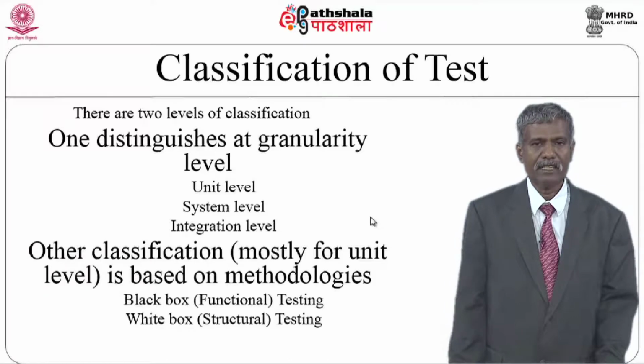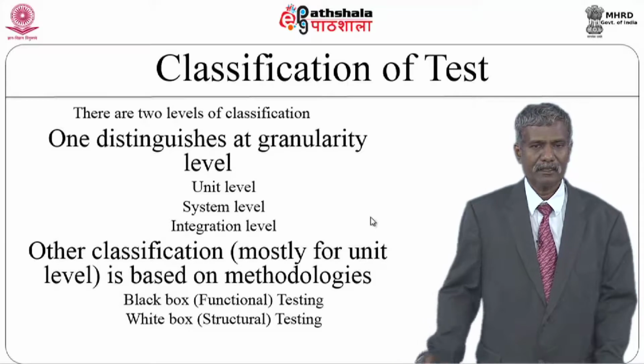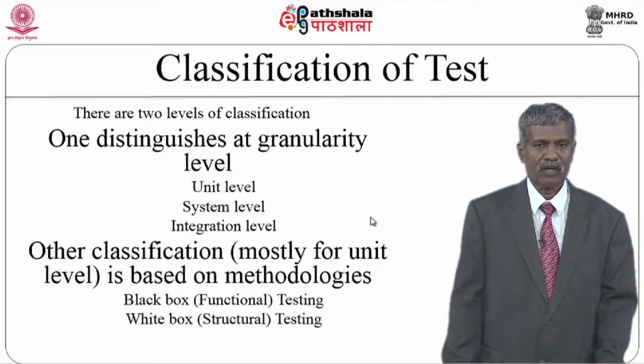When you do the testing, first you implement the main module and test it. Now you come to function 1. You write the program for function 1, test it separately, and integrate function 1 with the main module. You test again. It is called integration testing. Next, you do unit testing for function 2, tested separately.